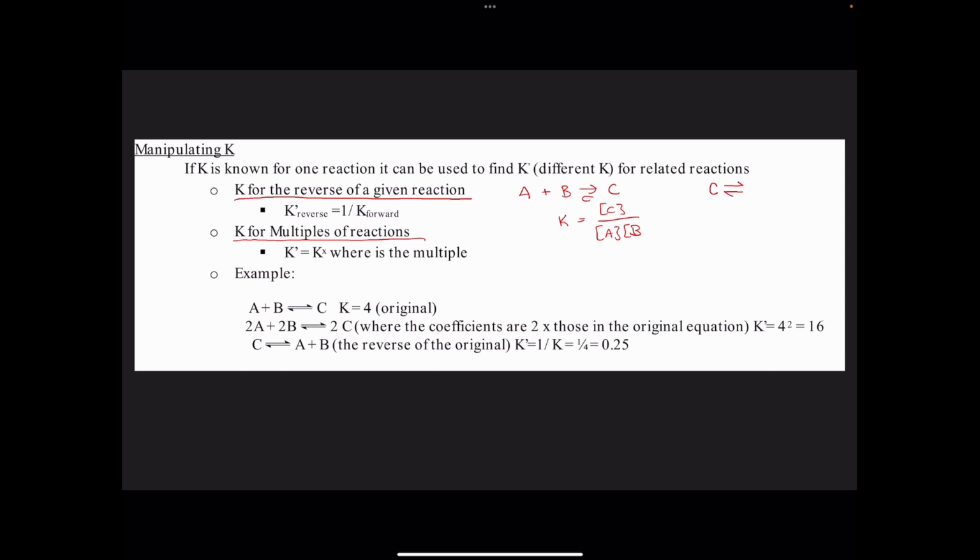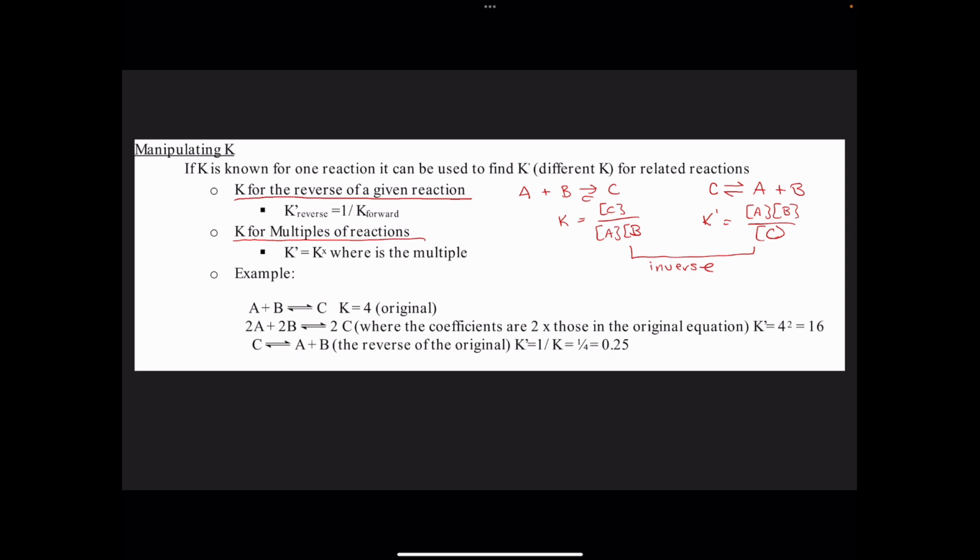So say I'm actually interested in C breaking into A and B. That's the reverse of my original reaction. K prime here, or K for this one, would be A times B over C. If we compare these two, they are inverses of one another. That's why to get K prime for a reverse reaction, we're going to take the inverse, 1 over that original K.